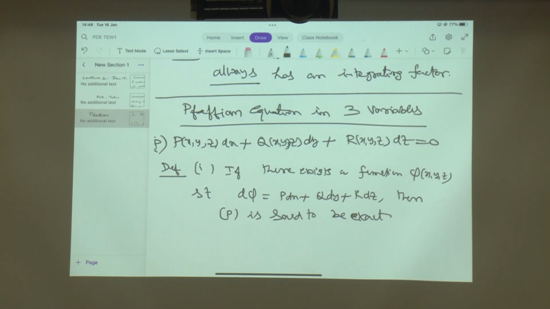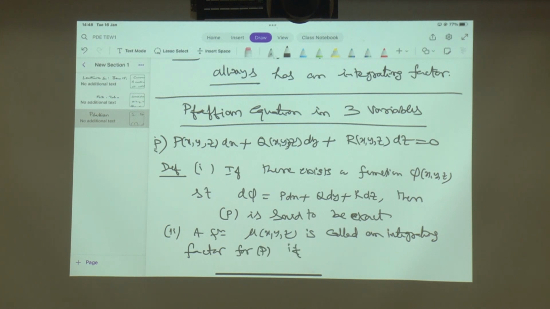Now we can define what is an integrating factor. A function mu of x, y, z is called an integrating factor for the Pfaffian equation P, if mu p dx plus mu q dy plus mu r dz equal to 0 is exact.